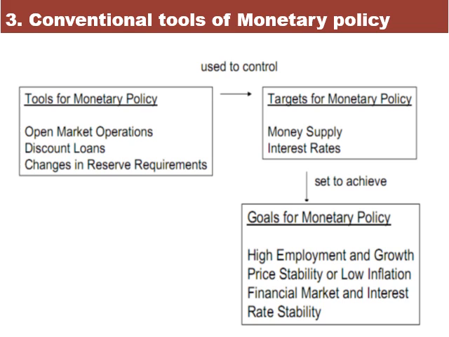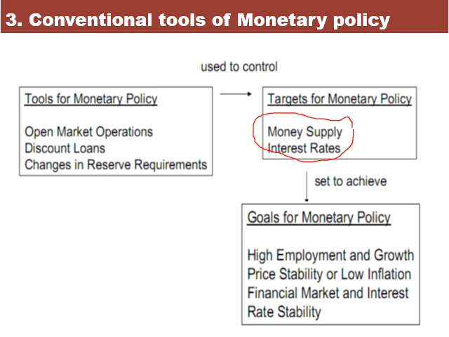Thus, when the central bank changes any of its tools, which are open market operations, discount loans, and changes in the reserve requirements, these changes will lead to changes in the targets of monetary policy, which are money supply or interest rate. Here we call them intermediate goals of the central bank.